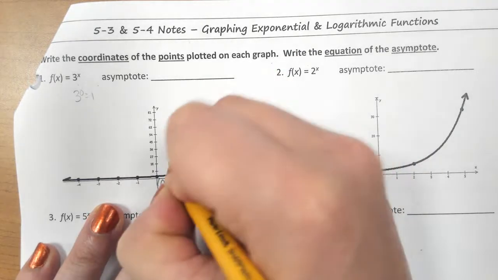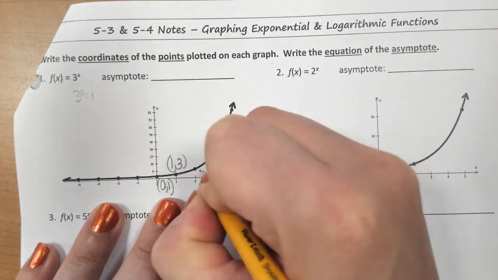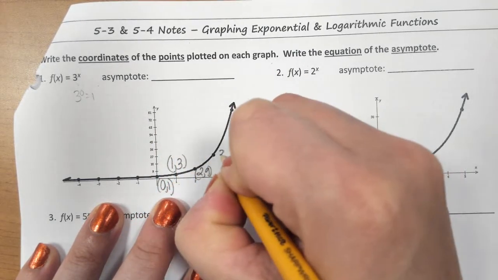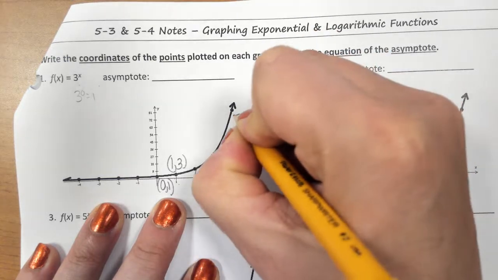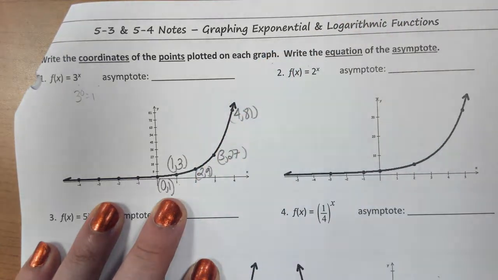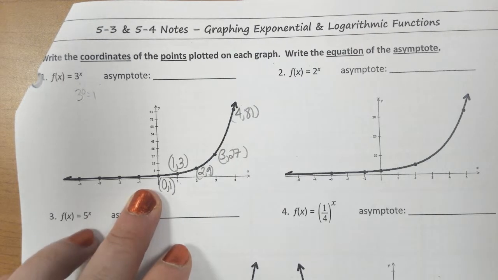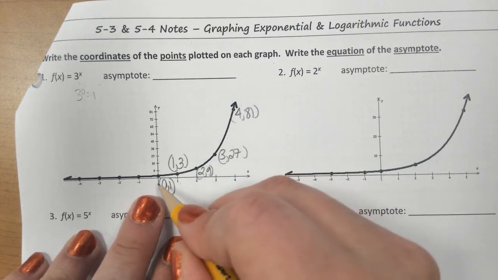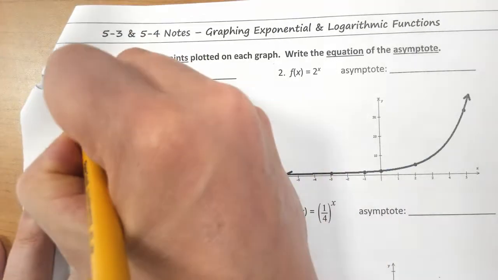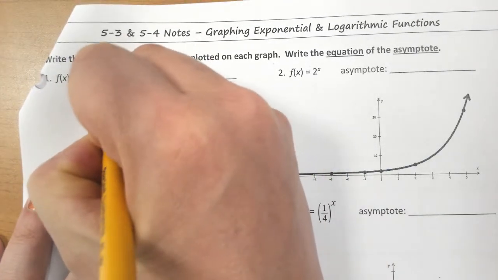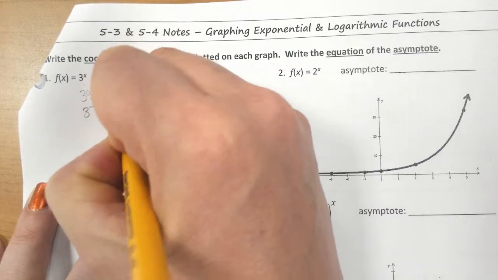And then when x equals 1, we would get 3, then 9, 27, all the way up to 81 at x equals 4. So those are hopefully pretty easy to see. Now let's look at the negative ones. When you plug in 3 to the negative 1, that's like 1 over 3 to the 1, which is 1/3.